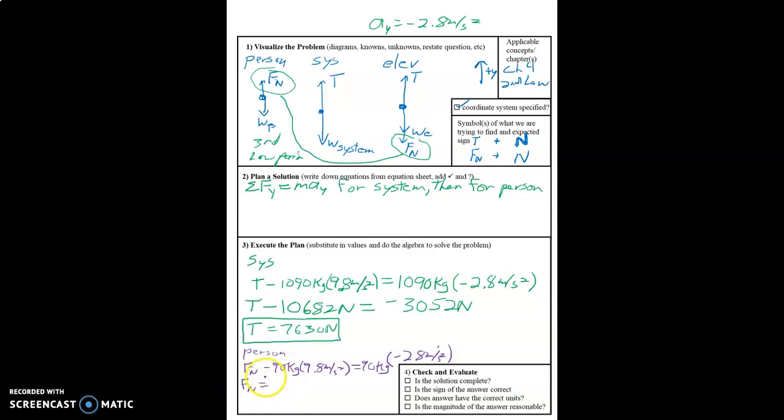And so then we're going to find 90 times 9.8, 882. And I went ahead and added that to the other side. Minus 90 times negative 2.8, 252. So 882 minus 252 gives 630.